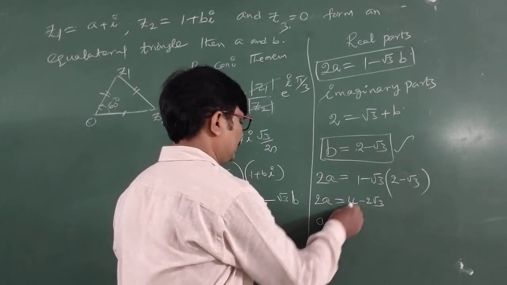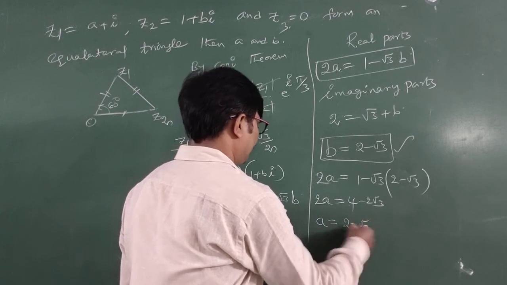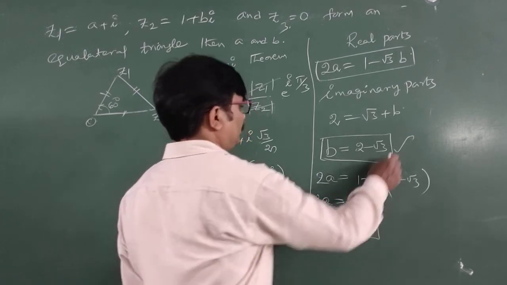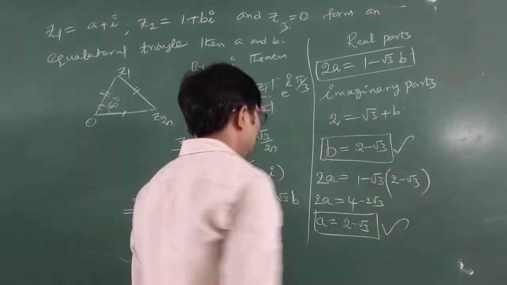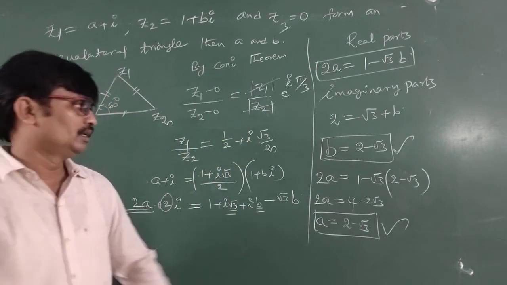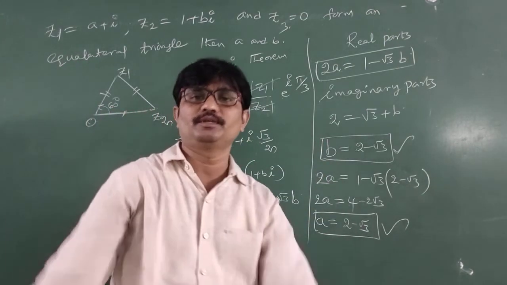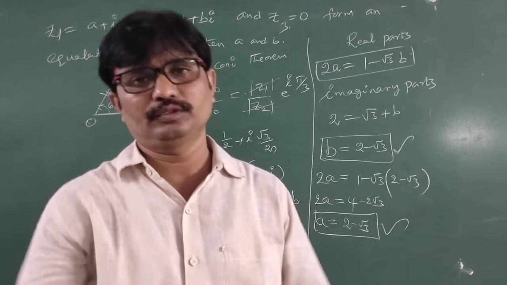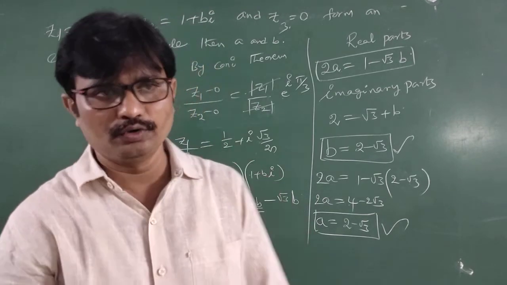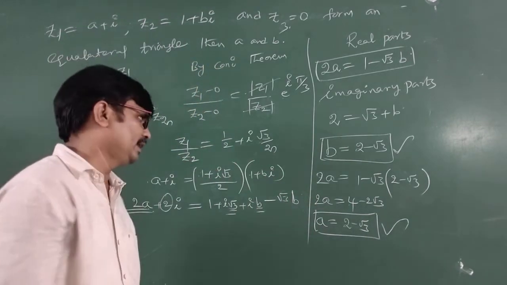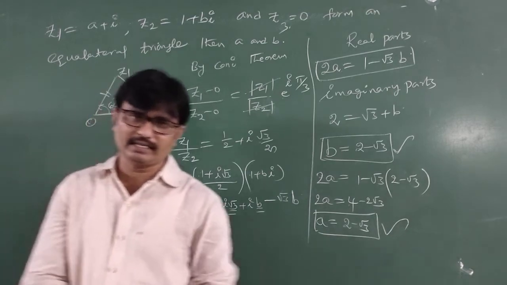So students, a equals 2 minus root 3. So a and b are equal, both 2 minus root 3, and these two values lie between 0 and 1. Okay, a is 2 minus root 3 and b is 2 minus root 3.